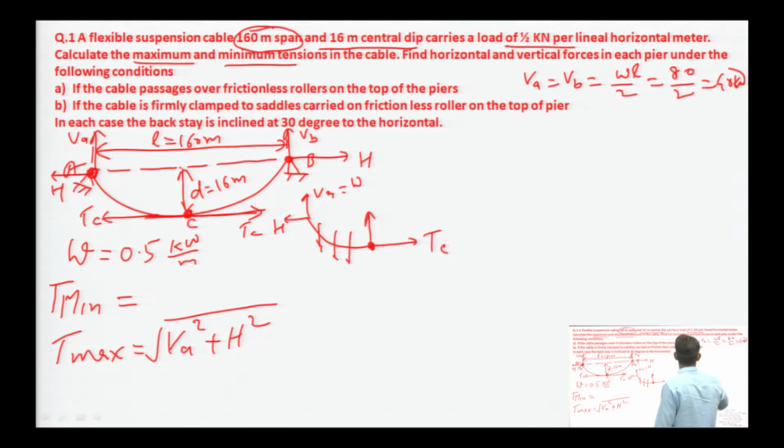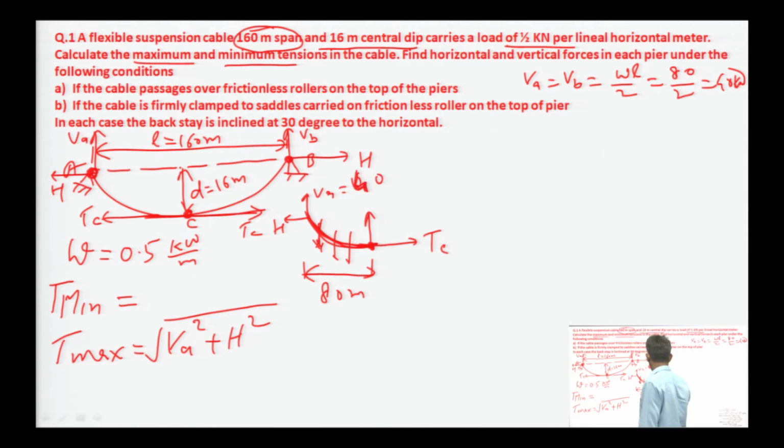So, the value of V A and V B is 40 kilonewton, and this load of 0.5 is acting for a length of 80 meter.